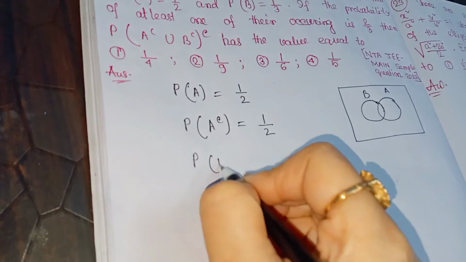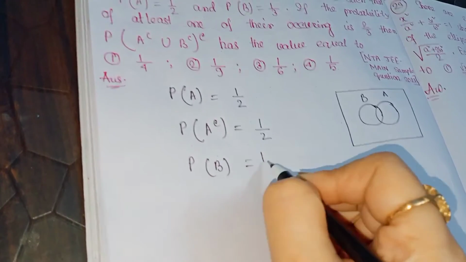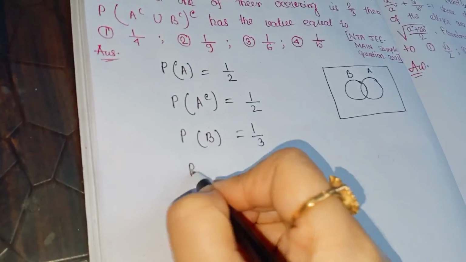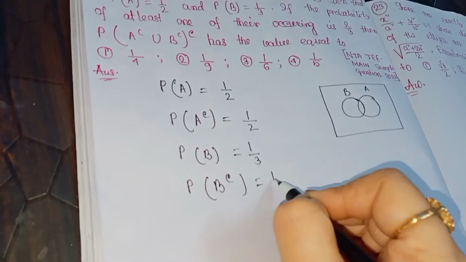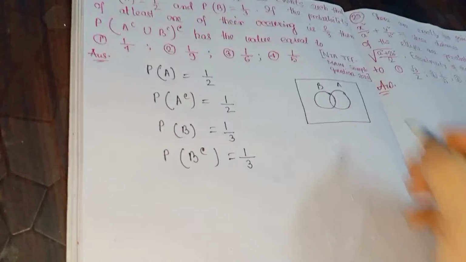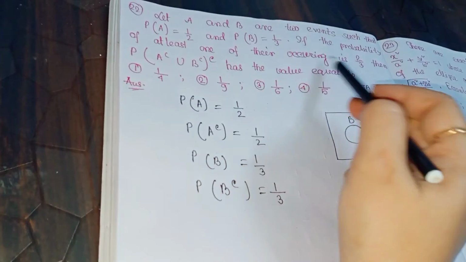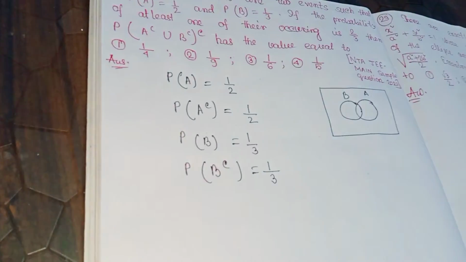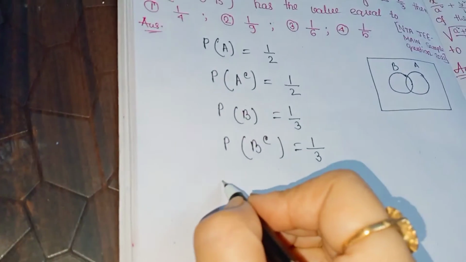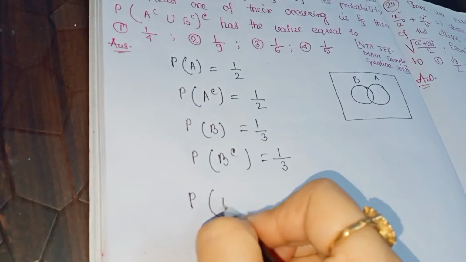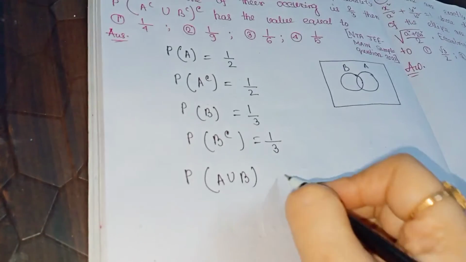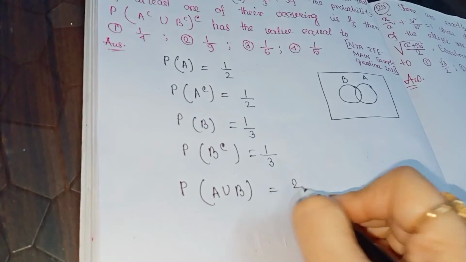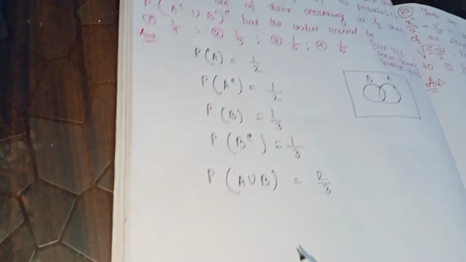P(B) is equal to 1/3, given. P(B complement) is equal to 2/3, and at least one of them occurring is 2/3. So at least one means P(A union B), that is equal to 2/3, given here.